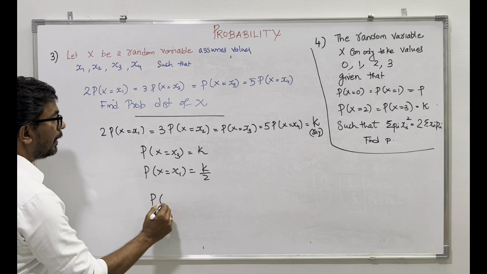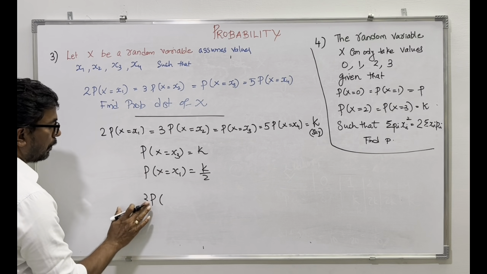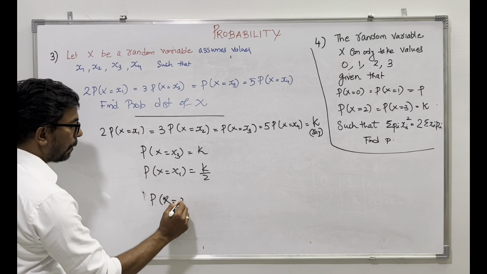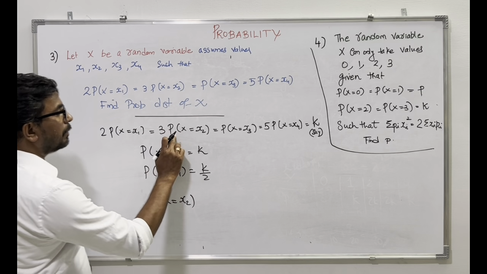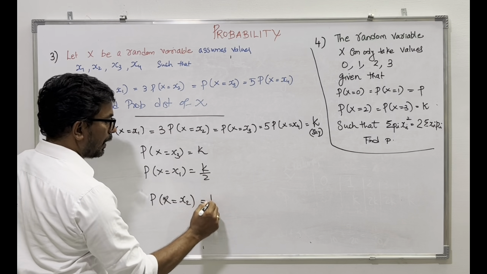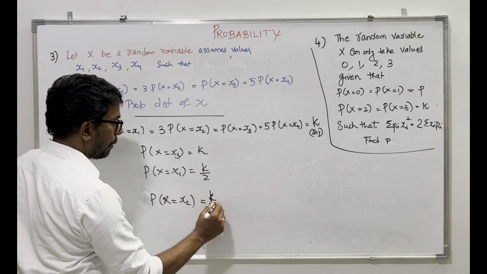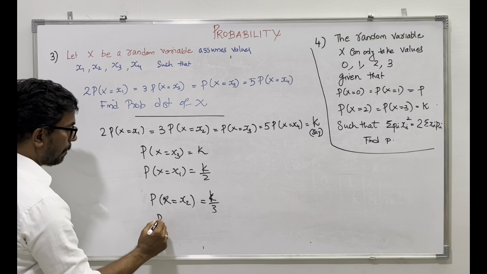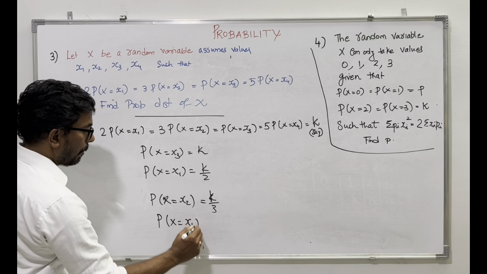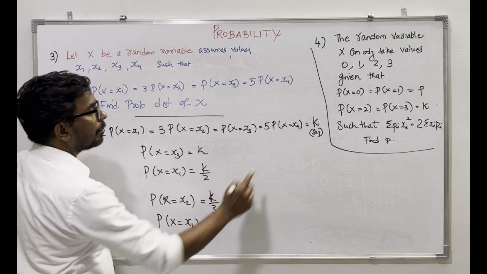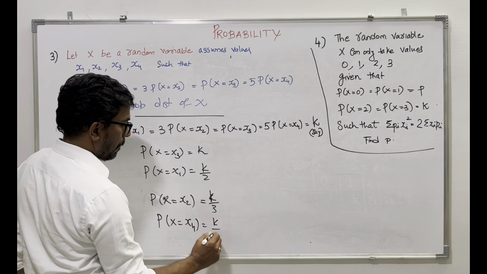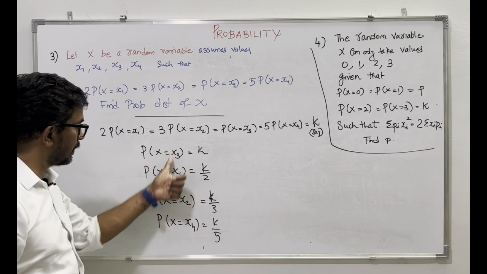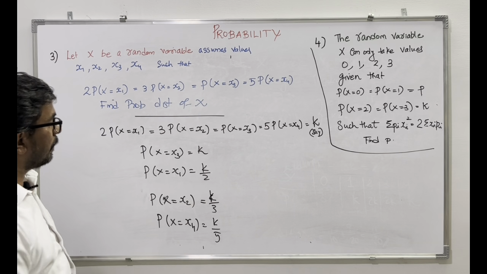Then 3 times P of X equal to x2 is k, so this will become k divided by 3. Similarly P of X equal to x4 will be k divided by 5. So I have written x1, x2, x3, x4, all 4 came.